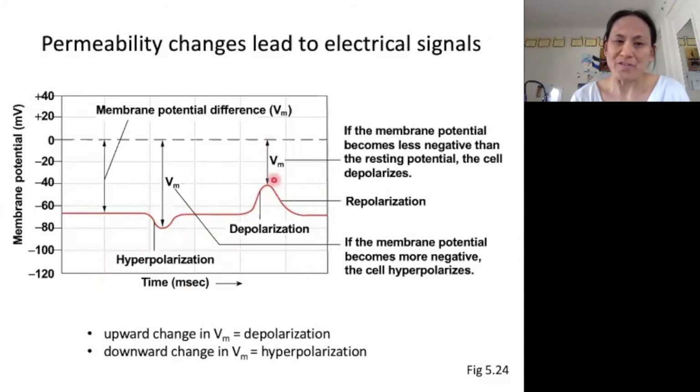The membrane potential is getting closer to zero, so that difference between zero and whatever the membrane potential is gets smaller. Okay. So again, it's these little blips that are the electrical signals that we see in neurons and other excitable cell types. And in the next couple lectures, you'll learn a lot more about specific kinds of electrical signals that we see in neurons.